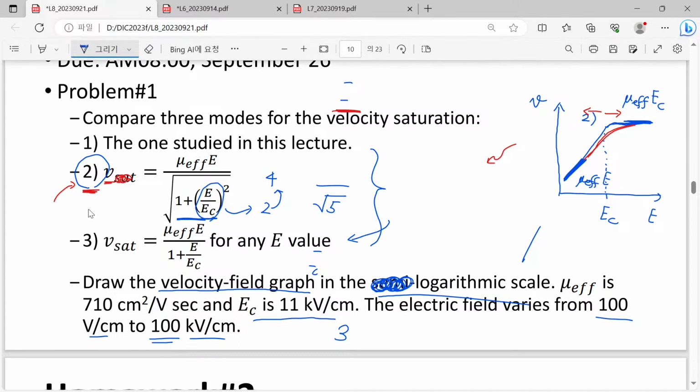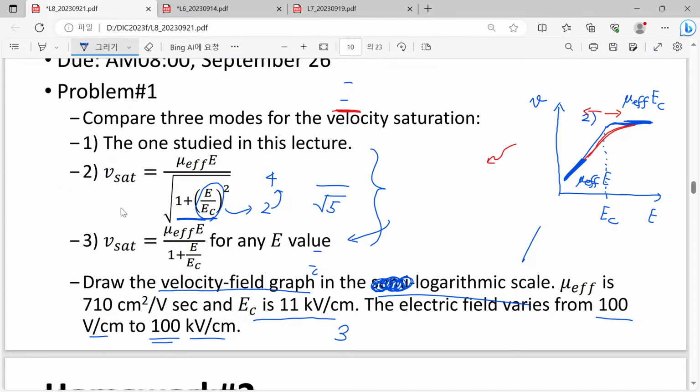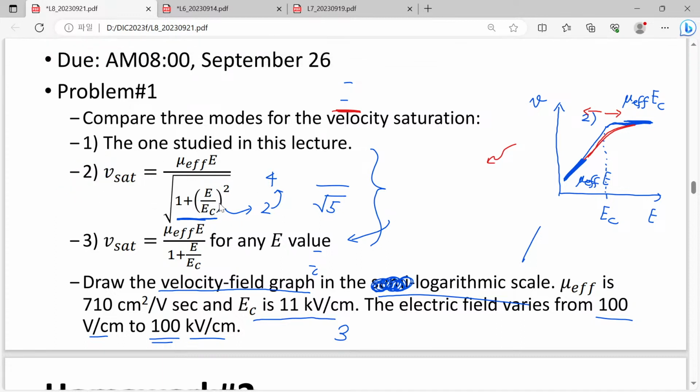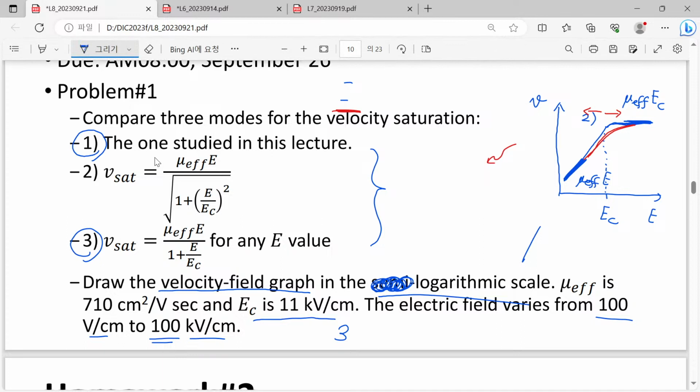I have one question about problem number 1. To most of you, it is obvious to see the difference between the number 2 model and the number 3 model. However, please have a look at number 1 and 3. The one studied in this lecture and the seemingly similar number 3 are different.